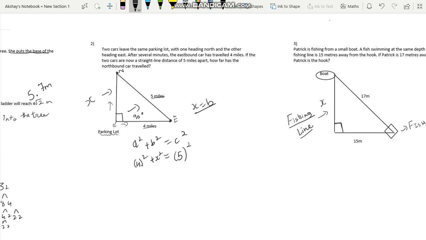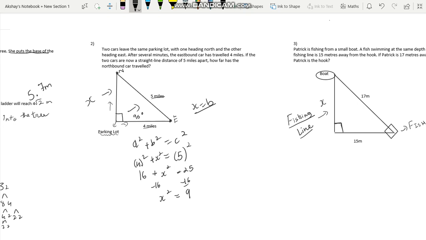That's what I'm trying to find. 4 squared is 16, plus my x squared stays the same. 5 squared is 25. Isolate the x, minus 16, minus 16. We're left with 9.